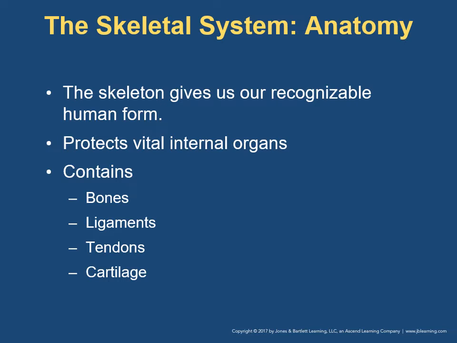Ligaments, these are fibrous tissues that connect bones to each other, so that is bone to bone. Tendons are rope-like structures that connect muscles to bone. So remember, ligaments are bone to bone, tendons are muscle to bone. Cartilage is smooth connective tissue that covers the ends of the bones at mobile joints.